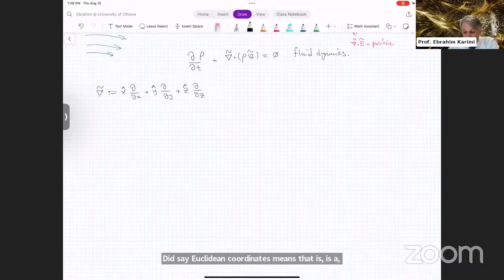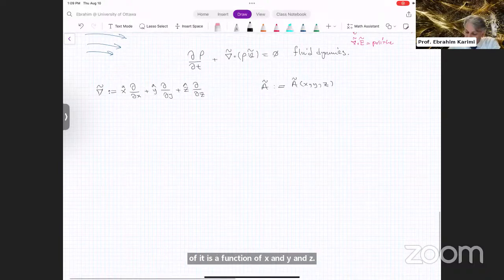So x hat, y hat, and z hat are not coordinate dependent. They are fixed in space. Okay. Now I can take another vector A, which, remember, is not a constant vector. It is a function of x, y, and z, which means that each component of it is a function of x, y, and z.